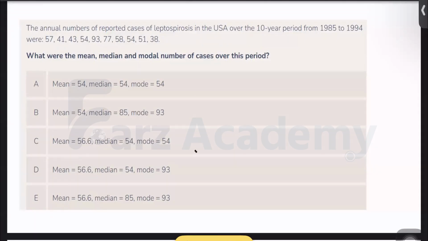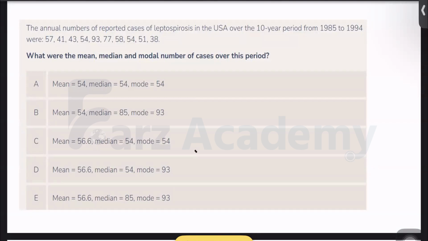Any option with that? Yes, you cannot, Option. So what is the mean? Total divided by the number of observations. So add all these 10 numbers and divide by 10. So 57 plus 41 plus 43, it will come.